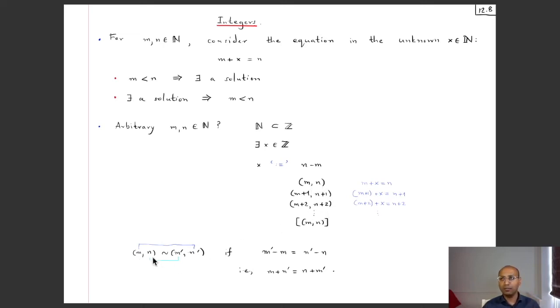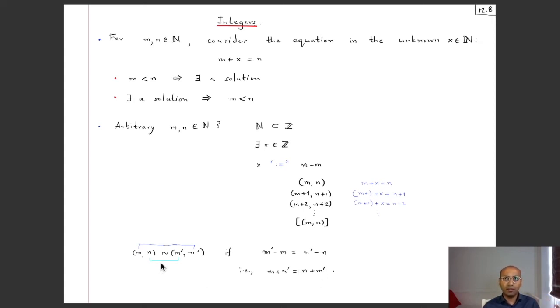So m and n should be equivalent to m prime comma n prime if m prime minus m is n prime minus n, but as yet I don't know what this minus means. So let's write it in a way which is familiar to us. So bring this m to this side and n to this side, and then we will get m plus n prime is n plus m prime. And now I'm just working with natural numbers, so this is a well-defined thing.